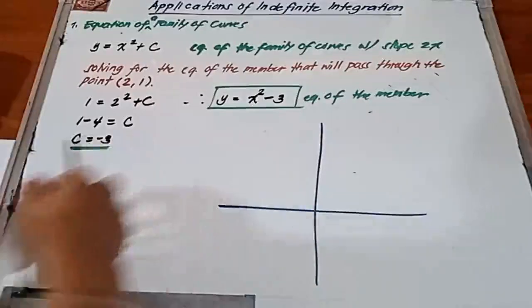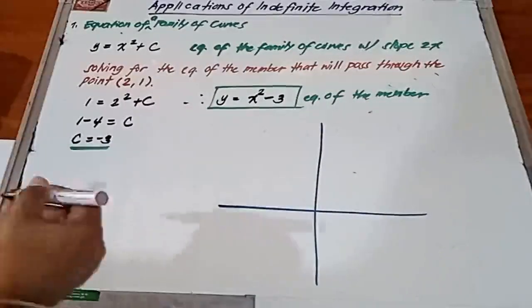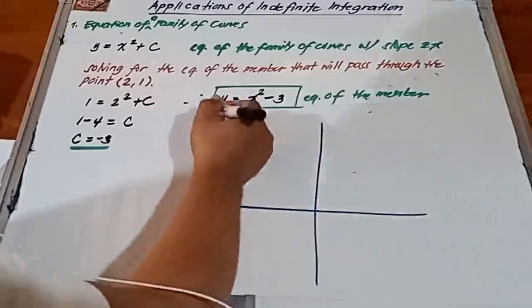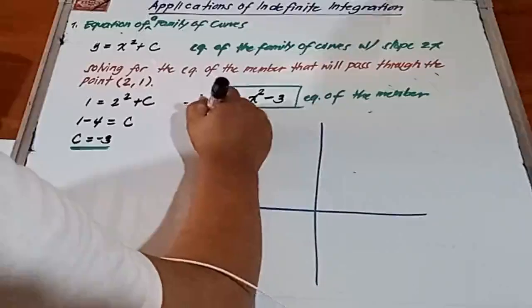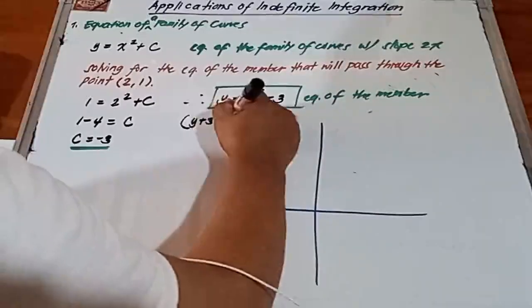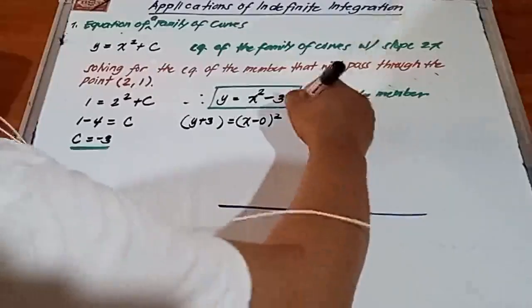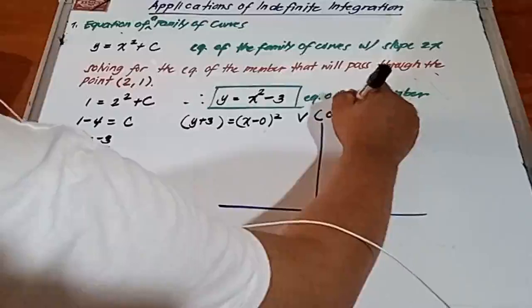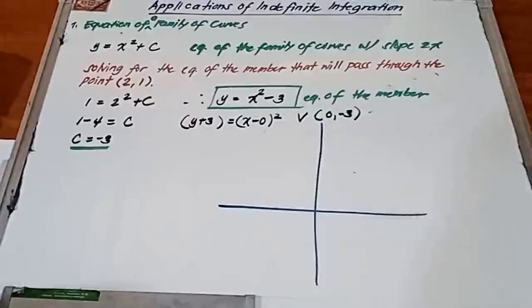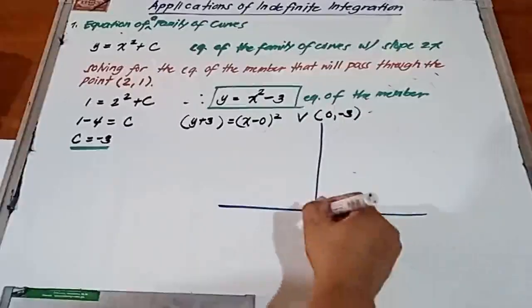Ito yung equation ng parabola. Ilagay natin sa standard equation ng parabola. Ilipat si negative 3, that will be y plus 3 equals x minus 0 squared. Therefore, ang vertex nito ay (0, -3). Okay? So, ibig sabihin, papaganito yung ating graph ng member ng family of curves.